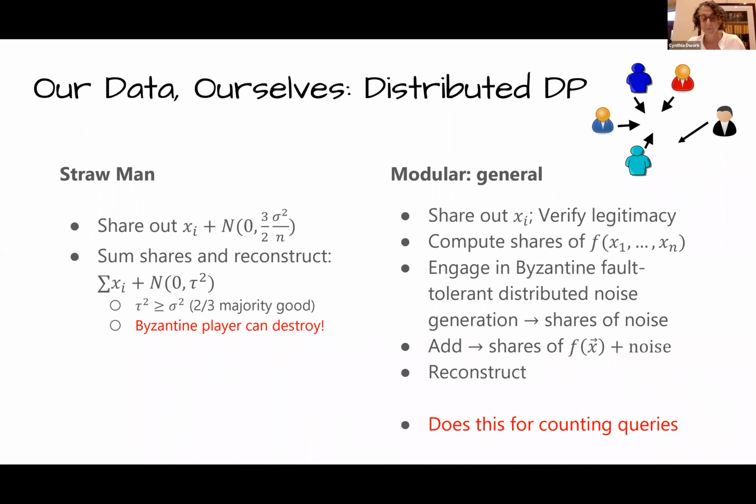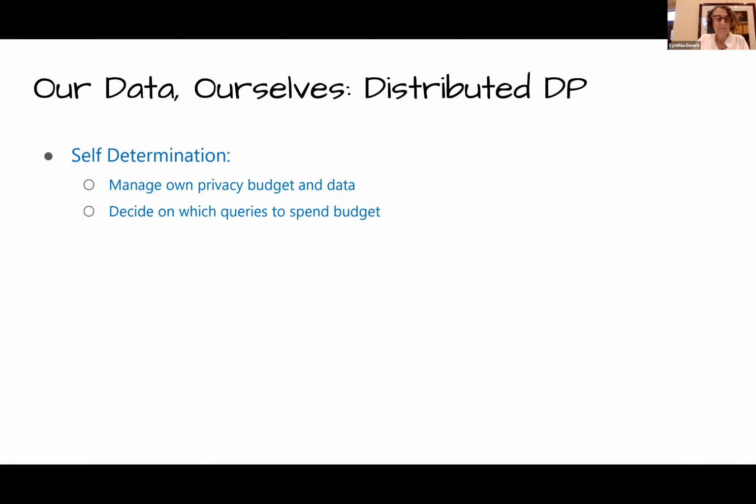So this has been done for counting queries. And this work had a few properties. First of all, this was a very self-determination work. The idea was that each individual would manage her own privacy and her own data, and she would have a cumulative privacy loss that she was willing to endure.